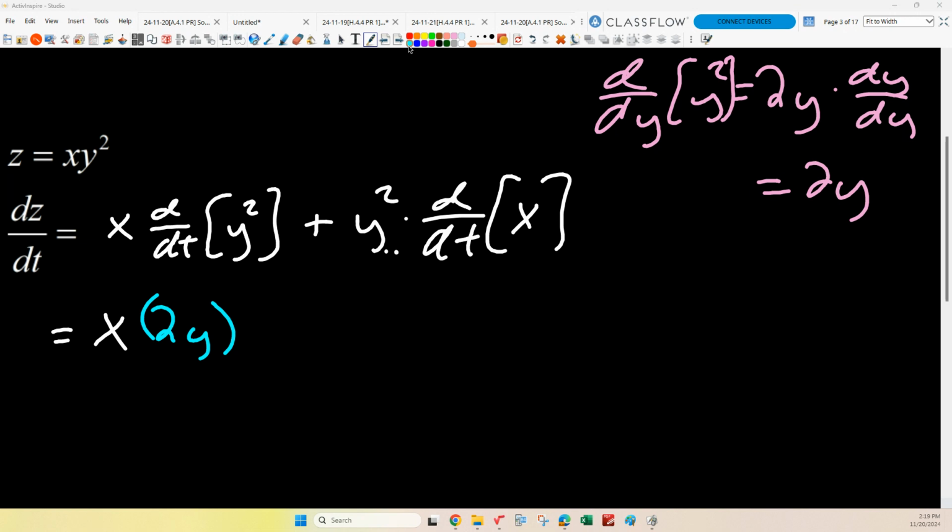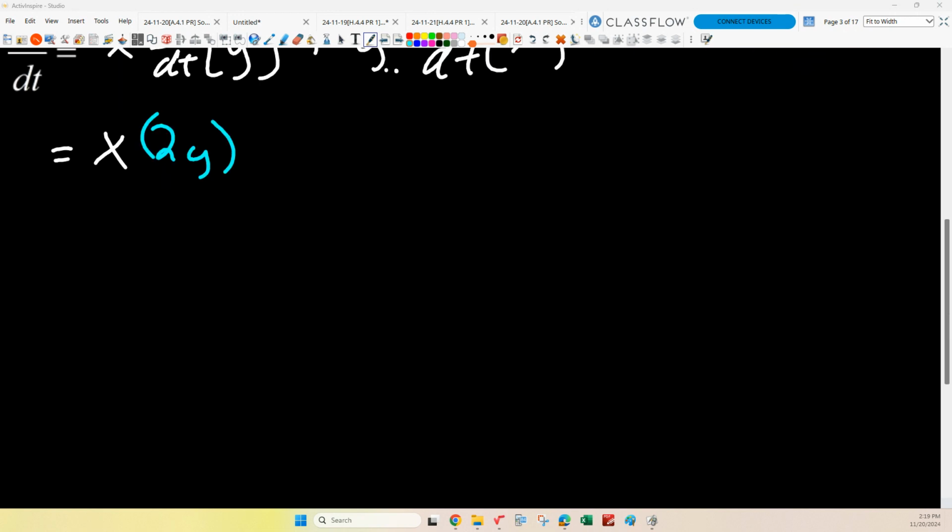Okay, you guys have done this. You've already done a bunch of this. I'll give you an example. Here's one right here. What's the derivative with respect to x of sine of x squared?